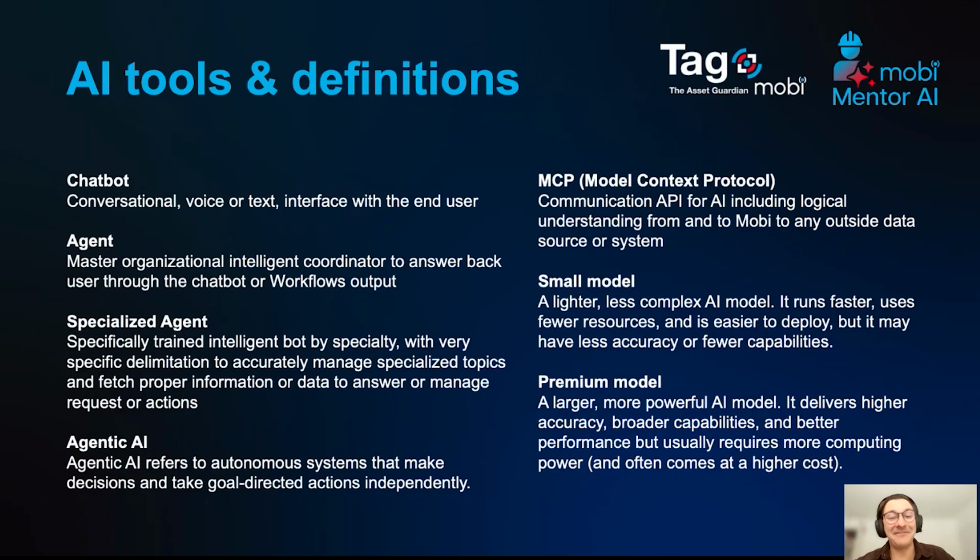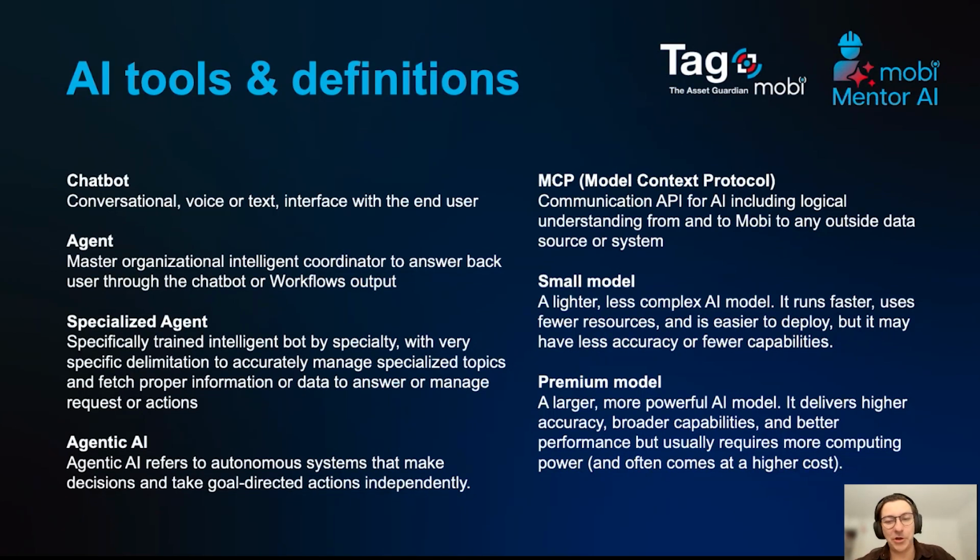Then if we tie everything together, agentic AI, which is what we see a lot, is essentially the concept of having multiple AI agents together that takes goal-directed actions independently. So essentially having almost a team of agents behind the system.